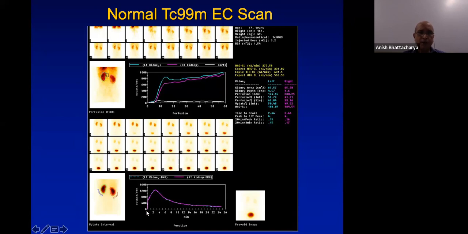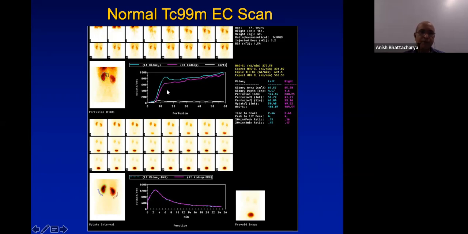This is the resulting renogram curve over 25 minutes. You can see the sharp rising phase of the renogram, a very quick peak within 2 to 3 minutes, followed by rapid clearance. So how is this renogram curve generated? You draw regions of interest over the two kidneys and over the background.